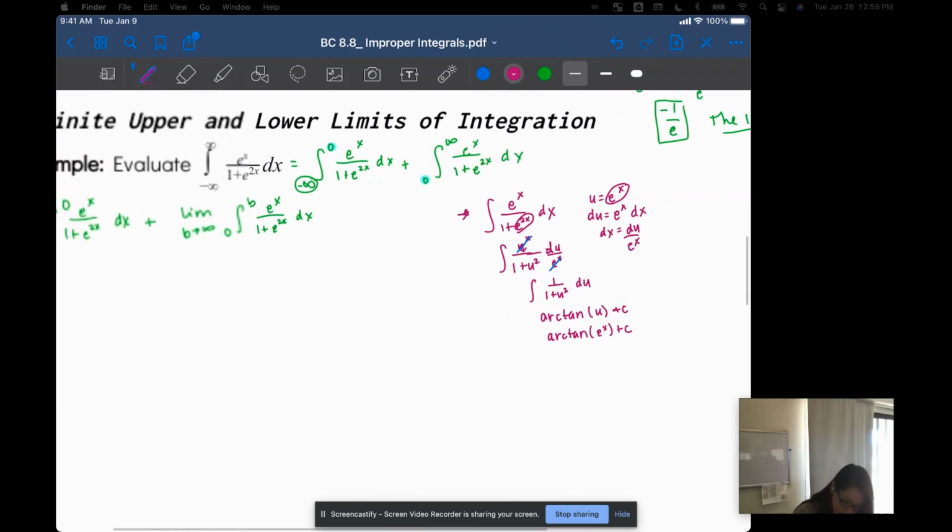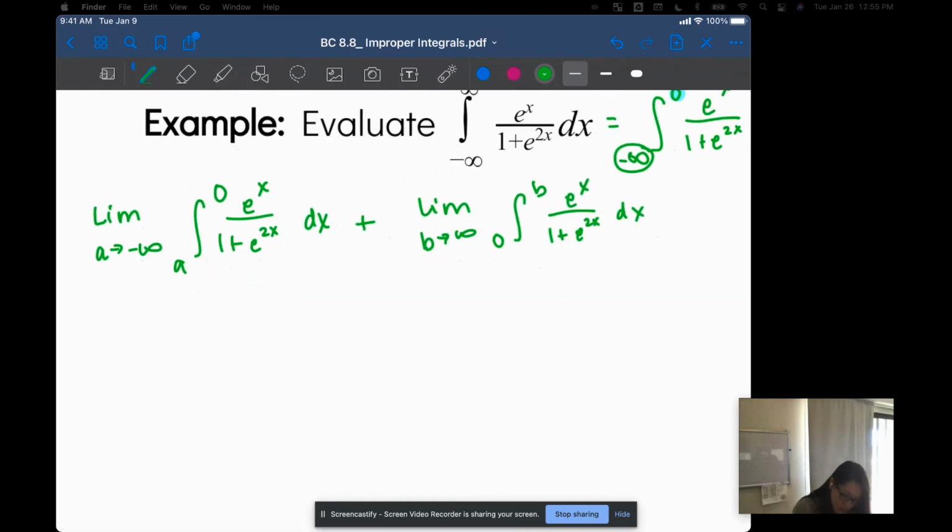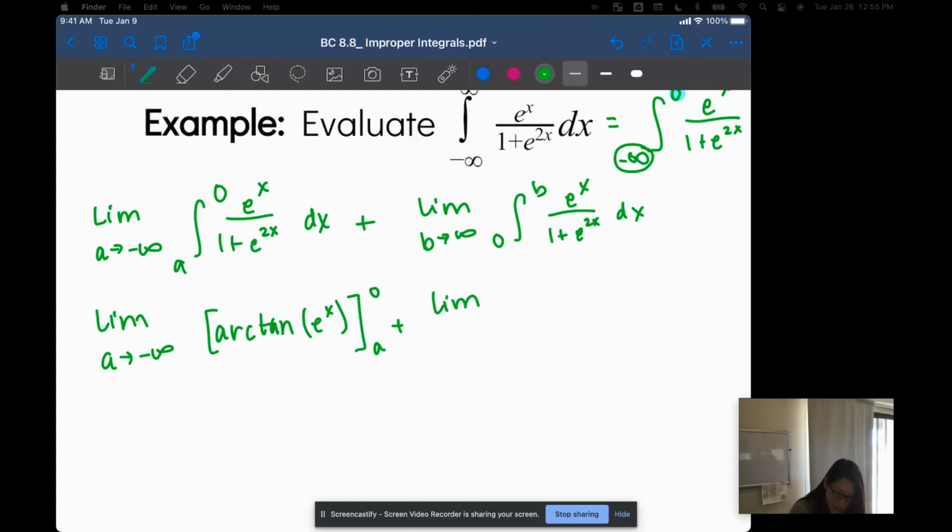Okay, so I did that on the side so I wouldn't have to do it in my work. Okay, so I am going to take the integral of e to the x over 1 plus e to the 2x, which I now know is arctan of e to the x evaluated from a to 0 plus the limit of, as b approaches infinity, of arctan of e to the x evaluated from 0 to b.